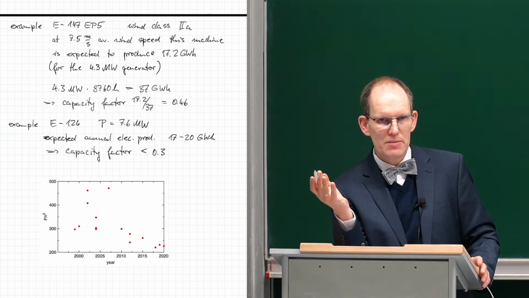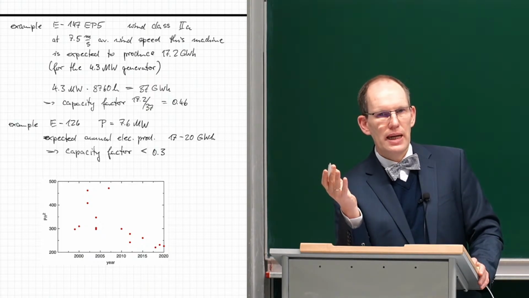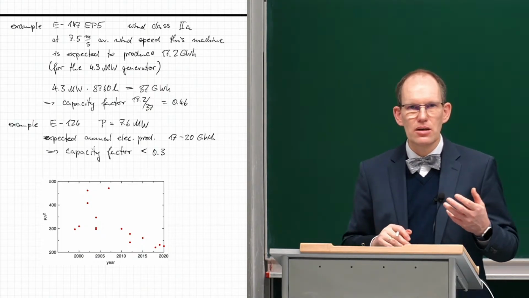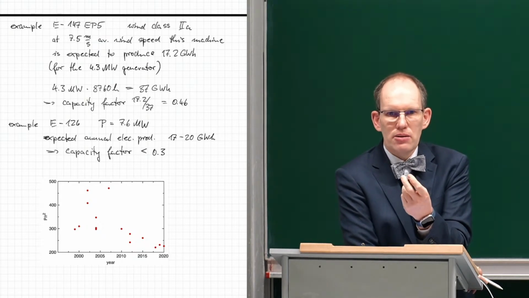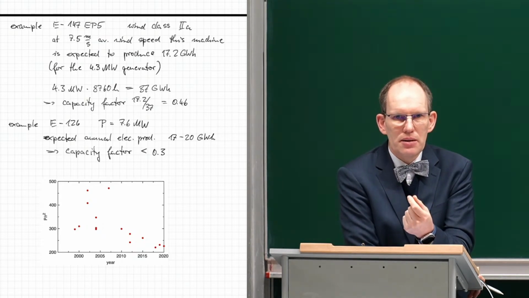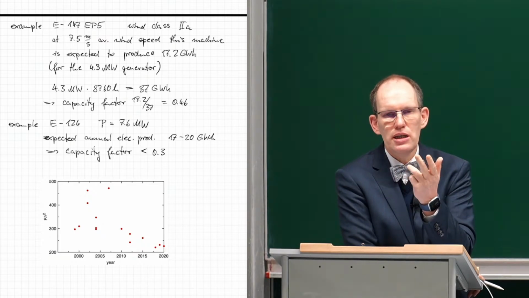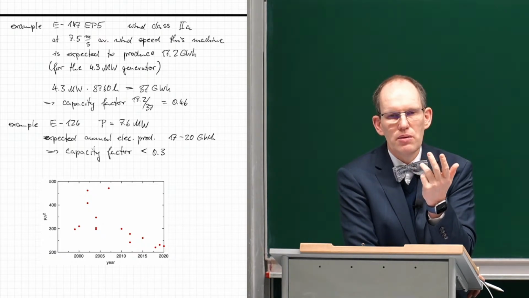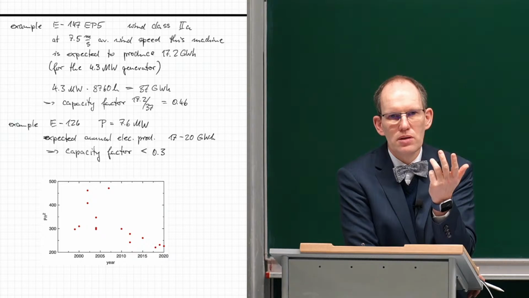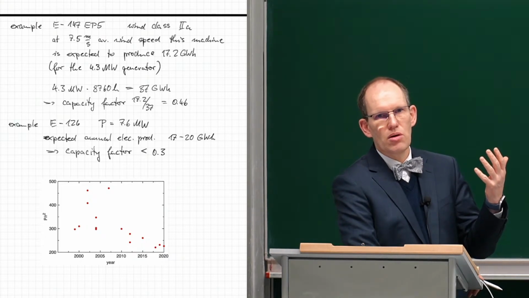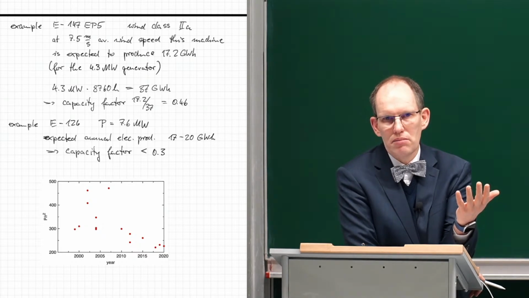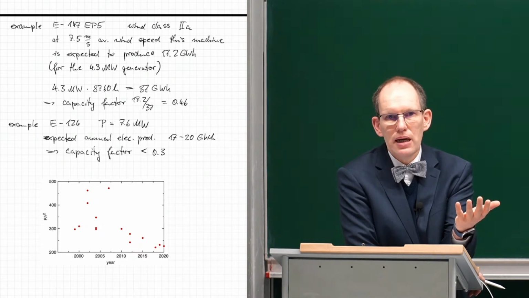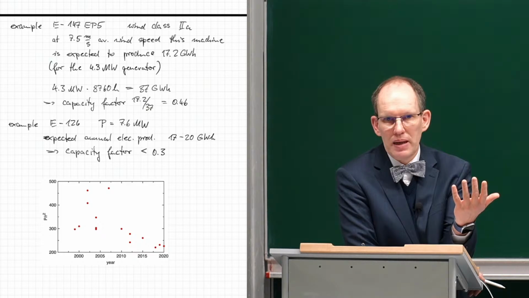Yeah? So then you get an idea on the strategy on how to design a windmill. In order to increase the capacity factor, what you have to do is, of course, to collect also efficiently wind with low wind speed, right?